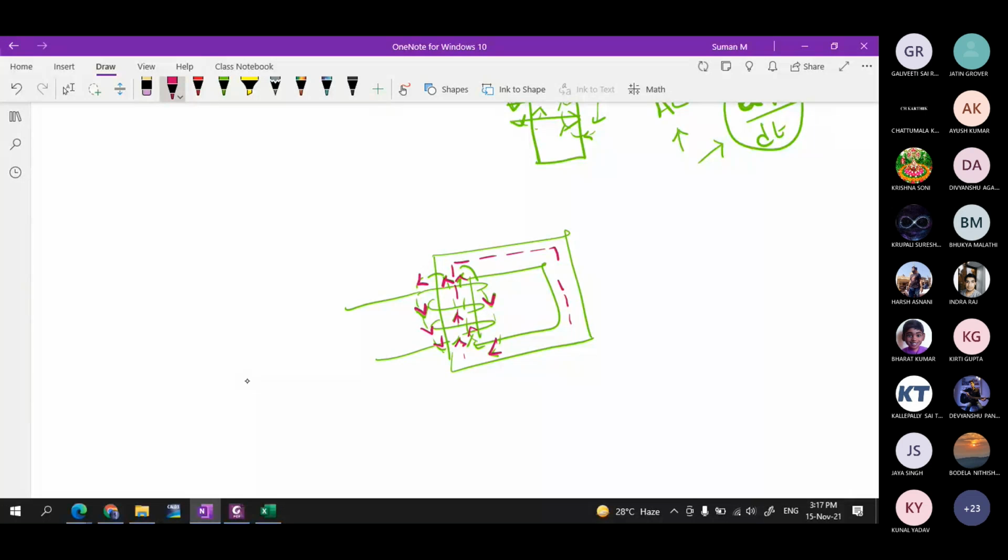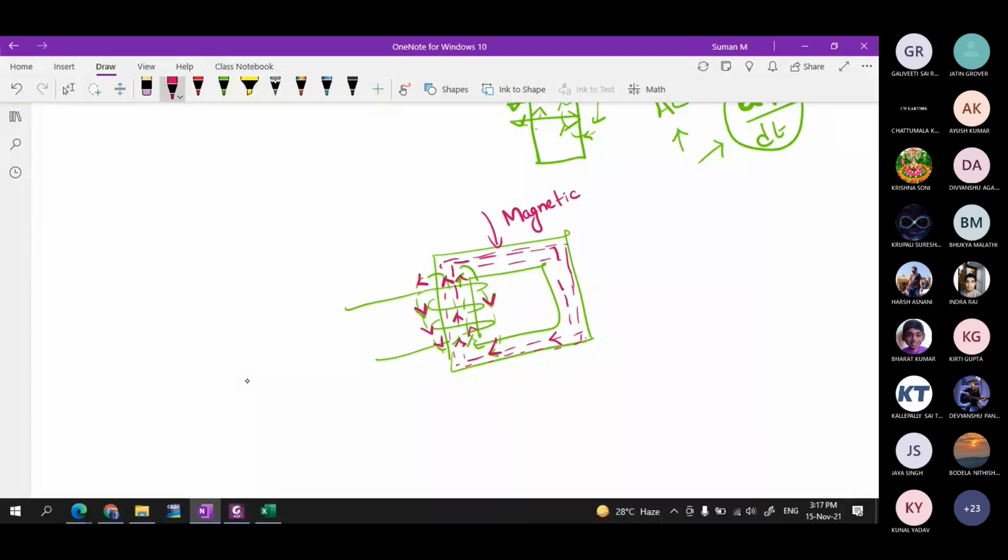If you connect a coil like this, and flux is established by the current flowing in this coil, then most of the flux will take the magnetic path. So most of the flux established by the current will be available in the core. This is the magnetic core. So your magnetic flux will be in this way.